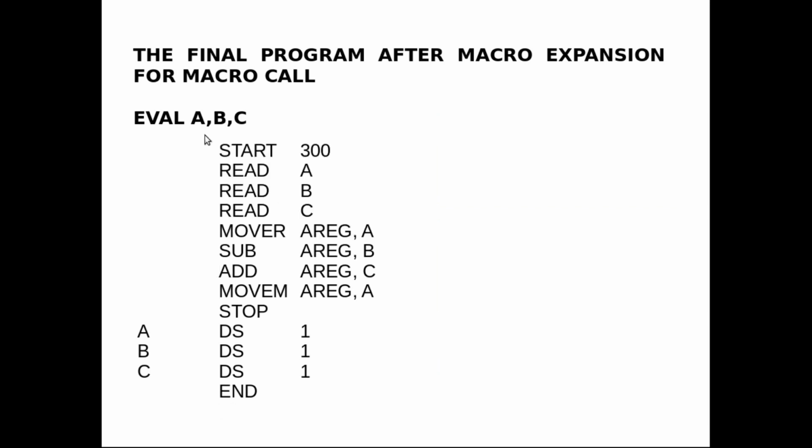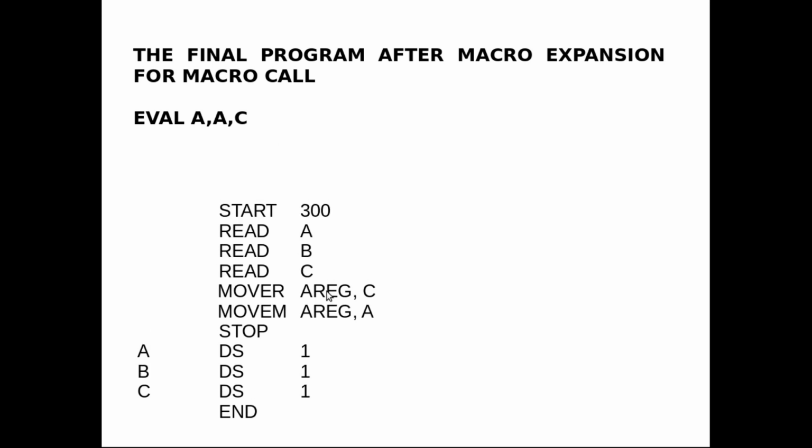So what we saw is, for the macro call eval A comma B comma C, these are the 4 lines that are generated, and for eval A comma C, these are the 2 lines generated. And this kind of expansion is called semantic expansion.